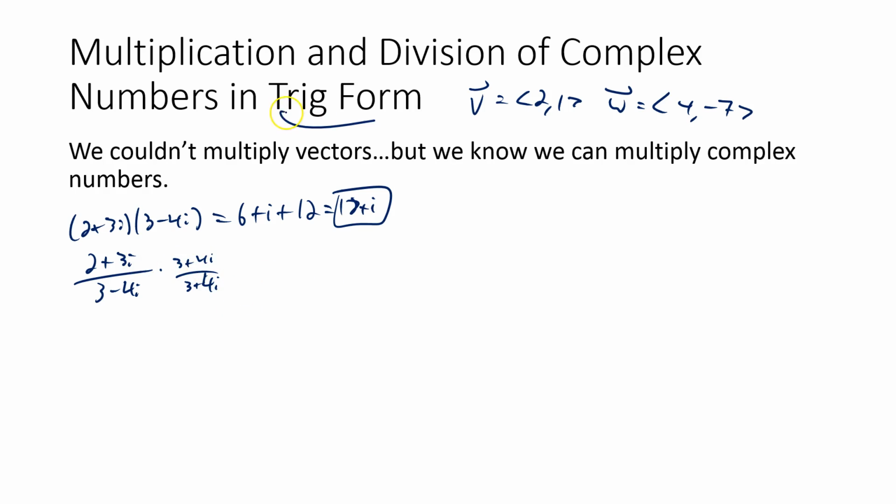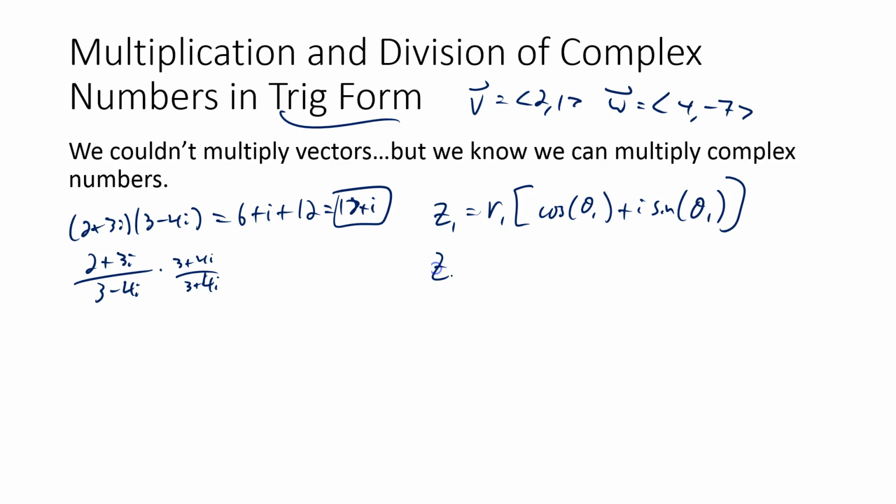So the whole point of trig form is that it gives you a really easy way to multiply two complex numbers together. And it doesn't require foiling. It doesn't require complex conjugates. It's really, really slick. So what we're going to do here is take z1 as r1 times cosine of theta 1 plus i sine of theta 1.